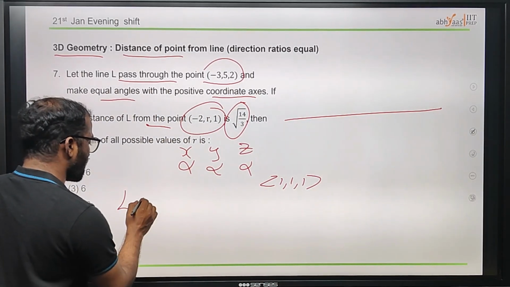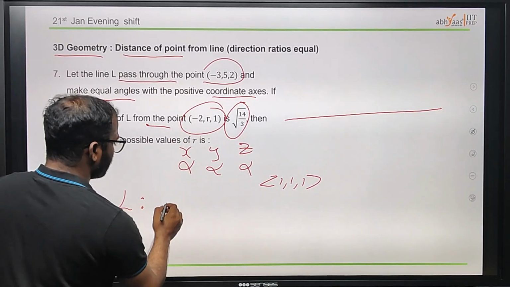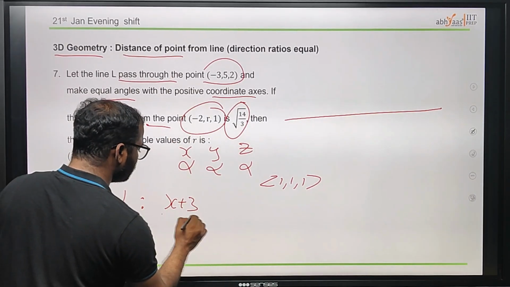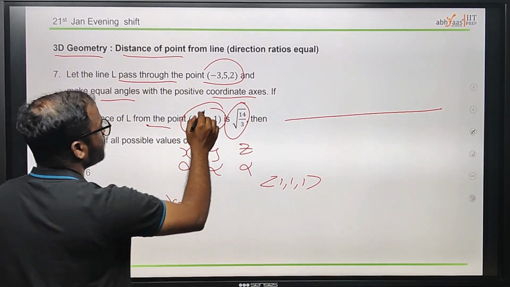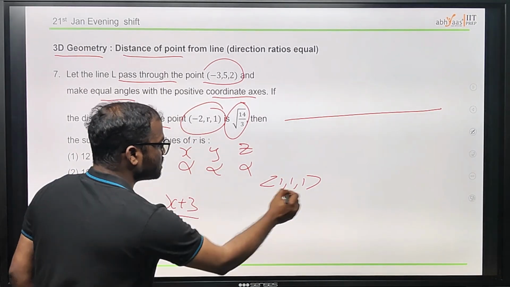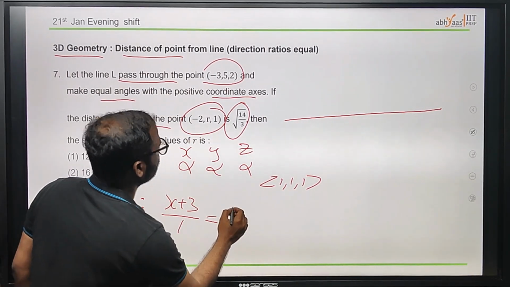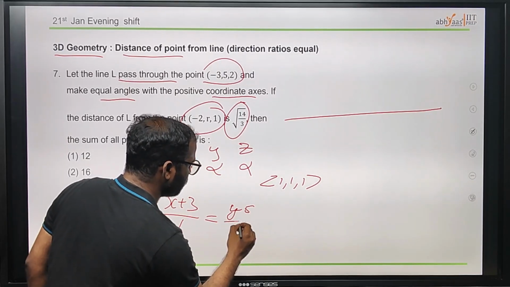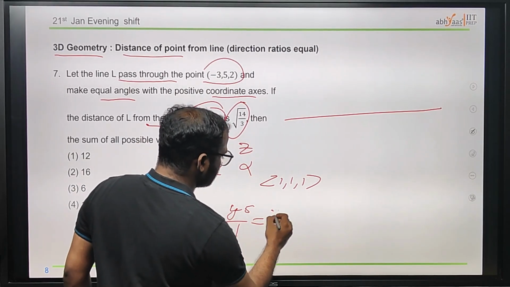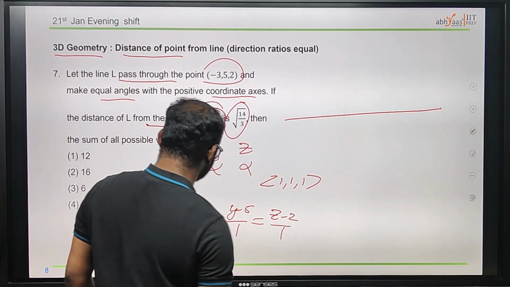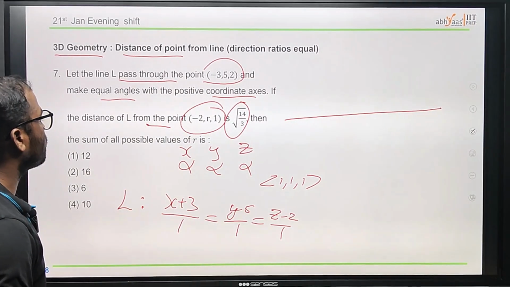The L equation is (x + 3)/1 = (y - 5)/1 = (z - 2)/1. This is the line equation of our question.